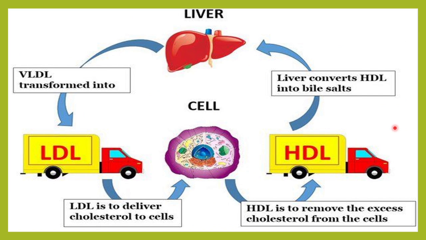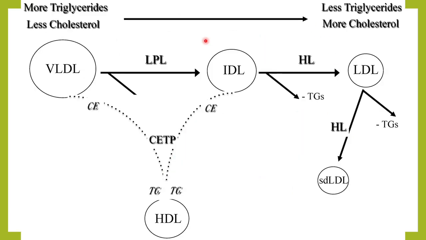So this was the same thing which I have told you. This is a liver. This is VLDL getting transformed into LDL. LDL is delivering this cholesterol to the cells, and HDL is the one which is removing the excess cholesterol, and the liver converts it into the bile salts. So here you can see VLDL. VLDL has more of triglyceride, and it has less of cholesterol.